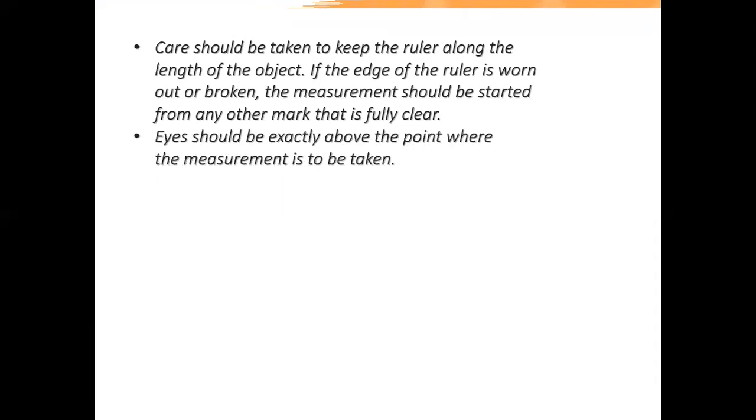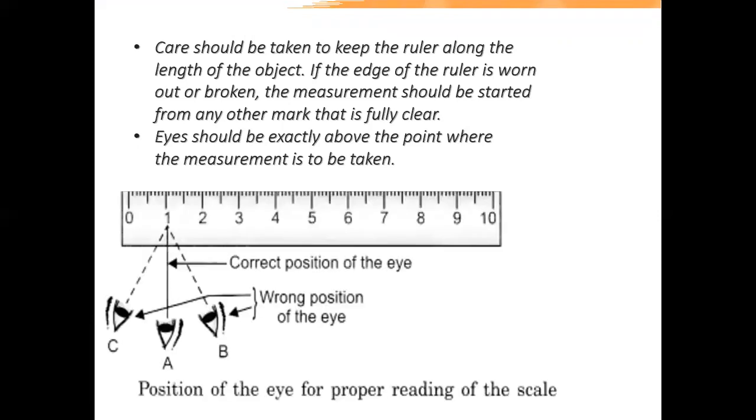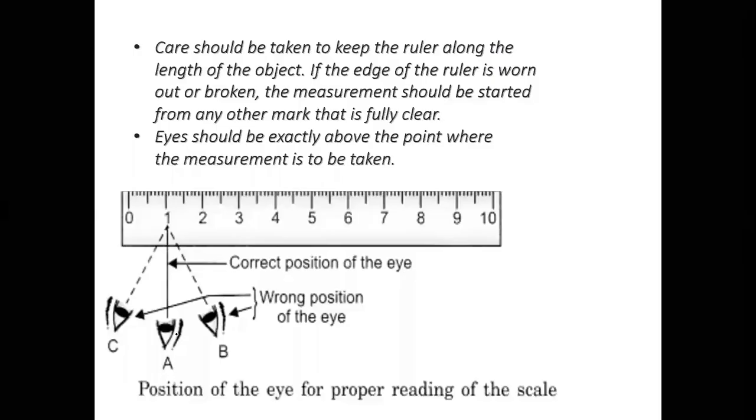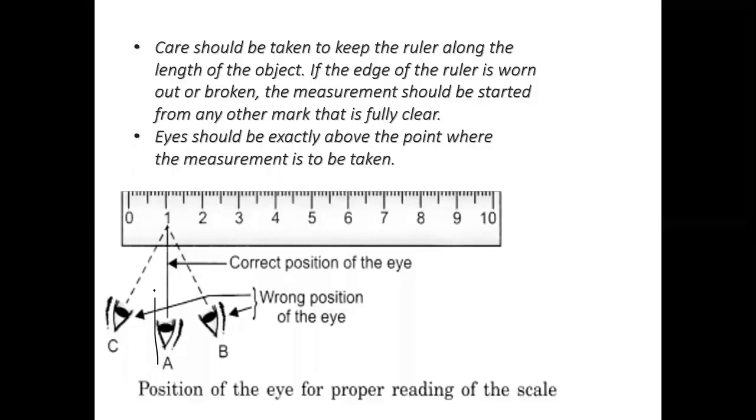Second, the eye should be exactly above the point where the measurement is to be taken. When we see from exactly above the point, it is the correct position. But when we see from here or from here, then it's a wrong position.